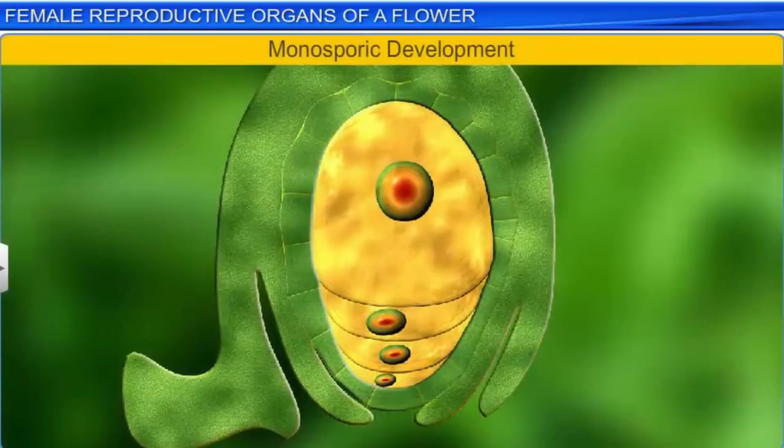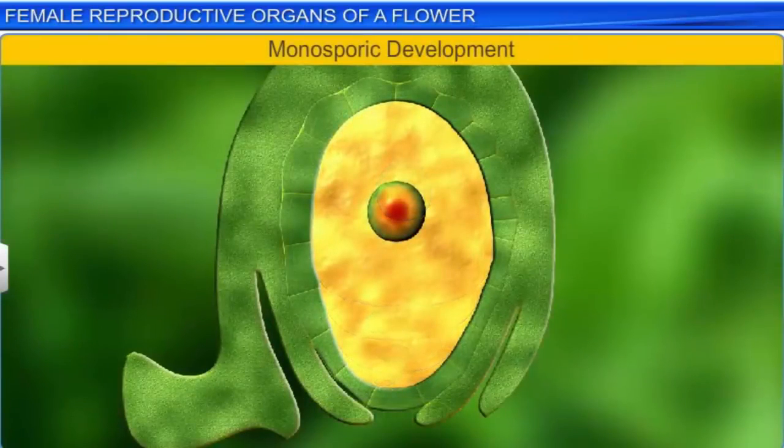The functional megaspore enlarges and simultaneously undergoes mitotic division to form an embryo sac. This type of formation of the embryo sac from a single megaspore is known as monosporic development.